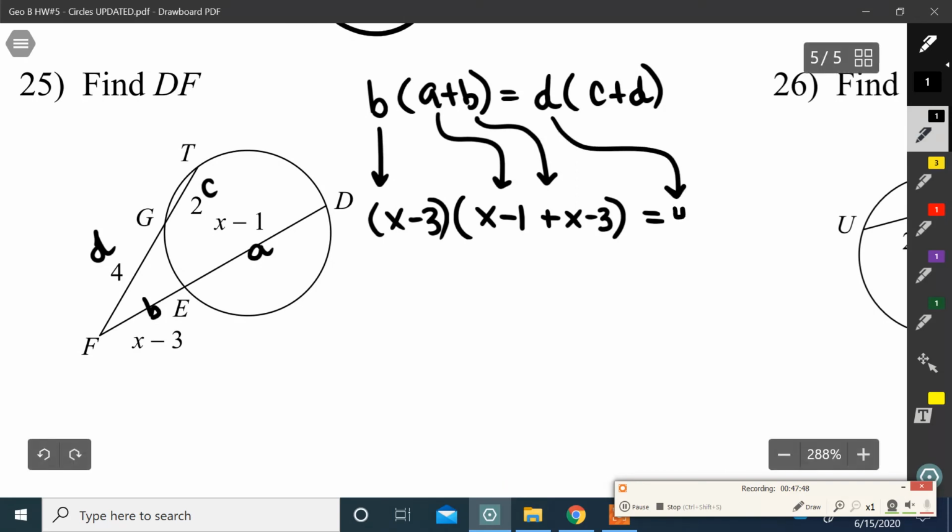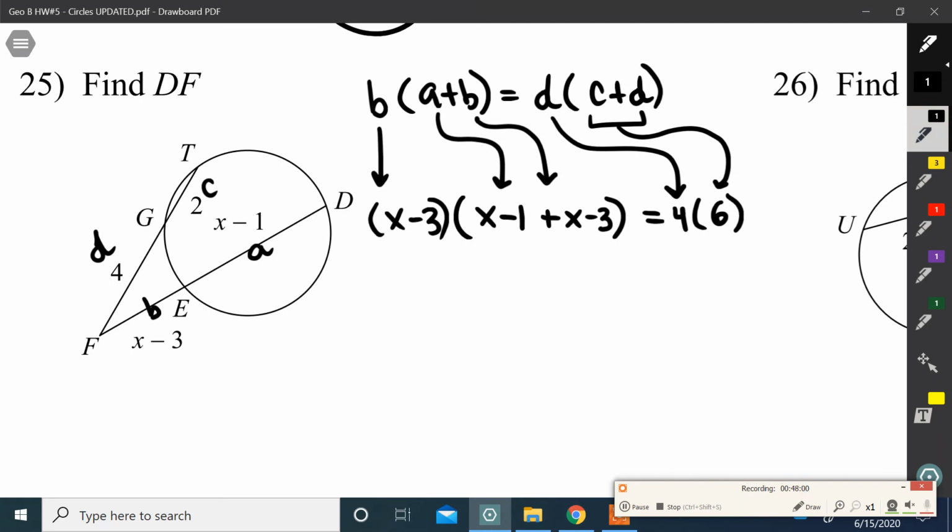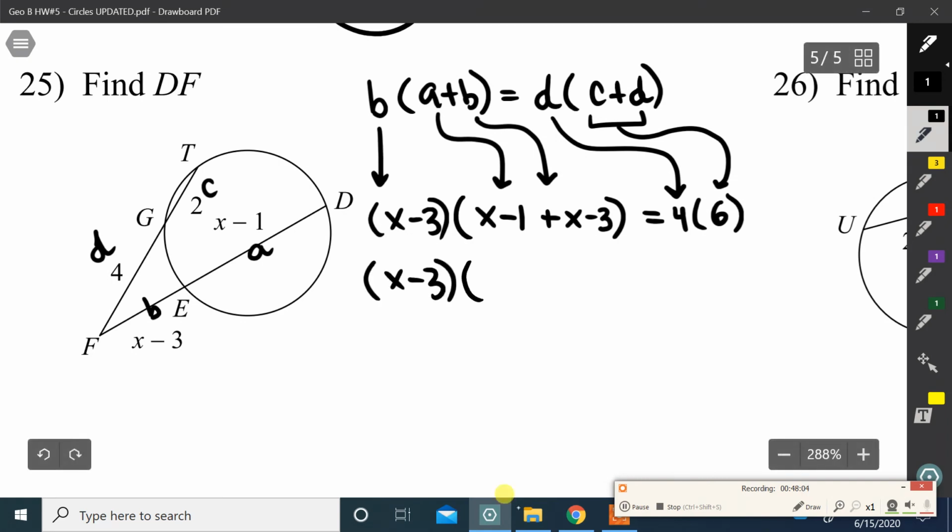D is 4, and C plus D is 2 plus 4, which will be 6. I added those two already and got 6, because I don't have a lot of space, so that's why I did that. All right, so we got x minus 3. Let's add this one plus this guy and you get 2x.